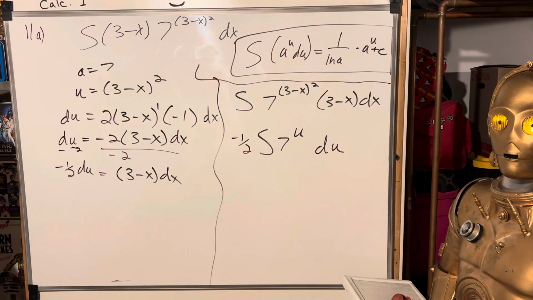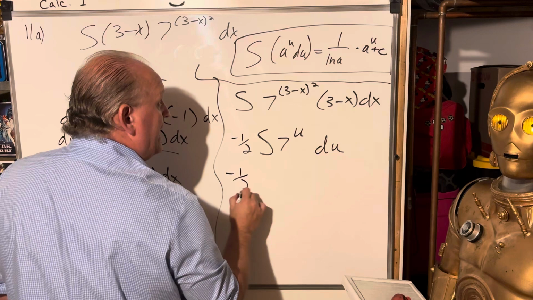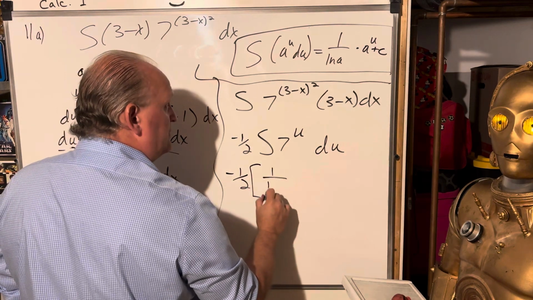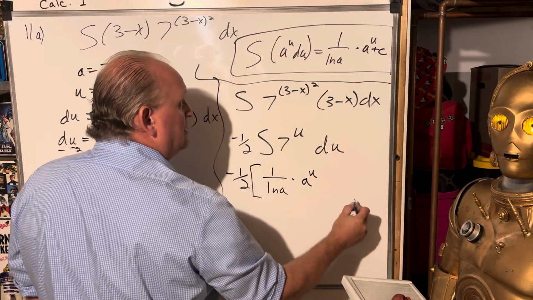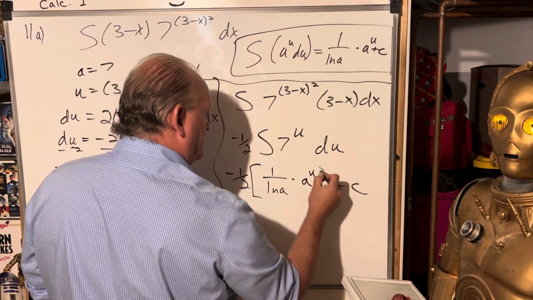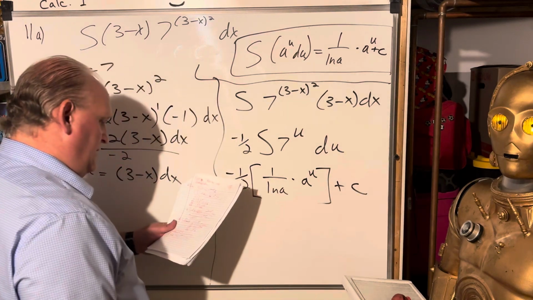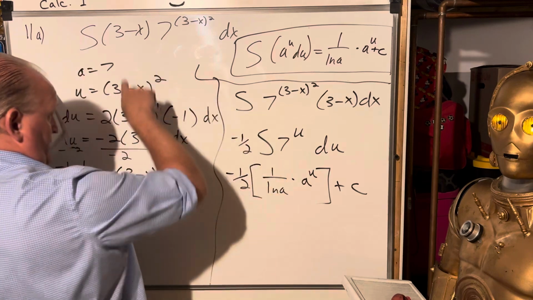Okie dokie. So now differentiate, and so that's just going to be that thing. So negative 1/2 times 1 over ln a times a to the u plus c. That's all multiplied, so I didn't really need a separate thing. And then put your originals back.